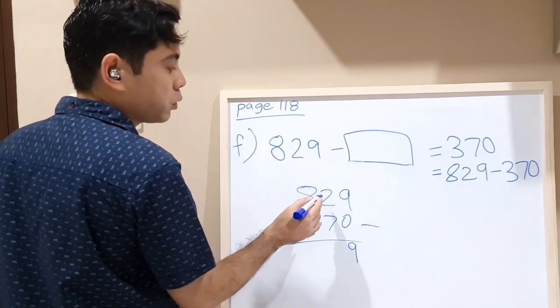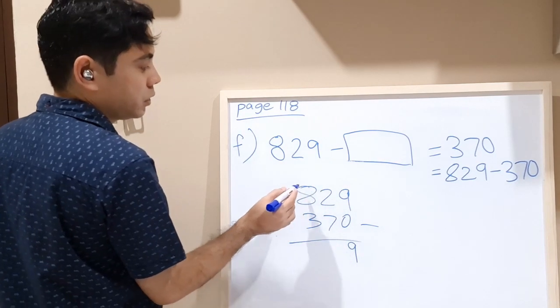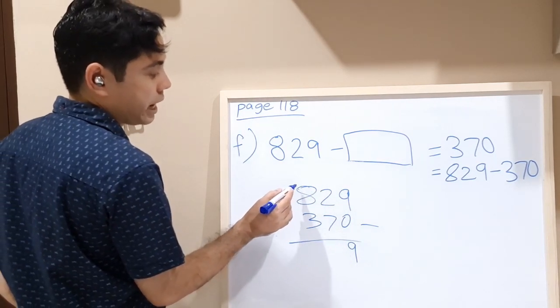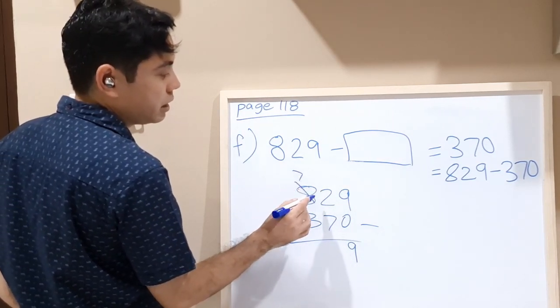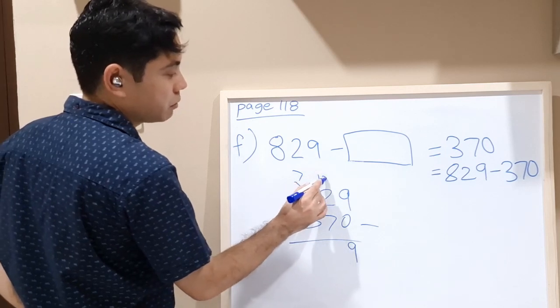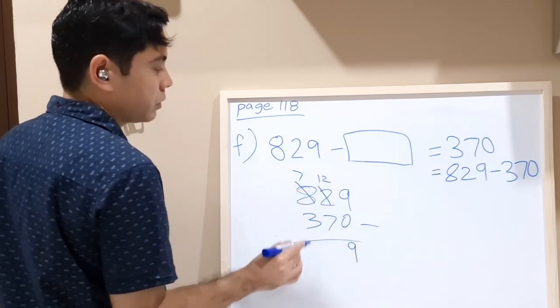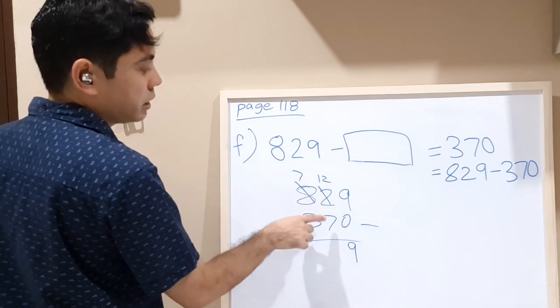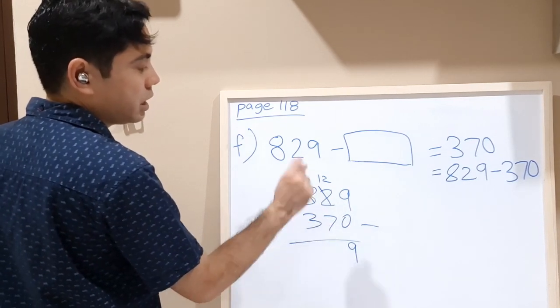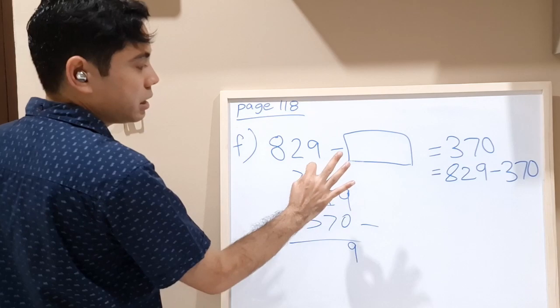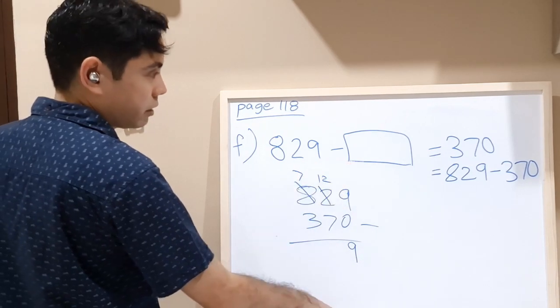Now 2 take away 7 cannot be. We need to borrow to make 2 bigger. So we borrow from the neighbor. 8. 8 will become 7 and 2 will become 12. Now we can subtract. 7 in your mind. 7, 8, 9, 10, 11, 12. 5.